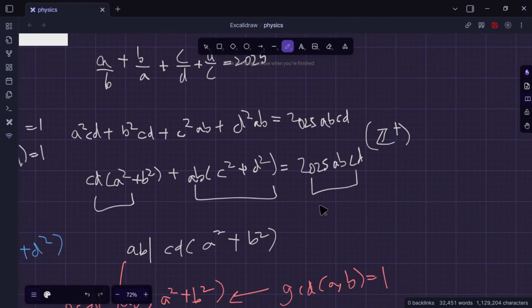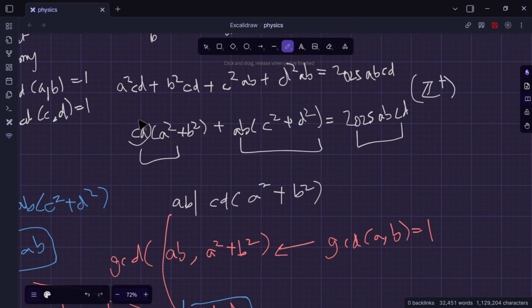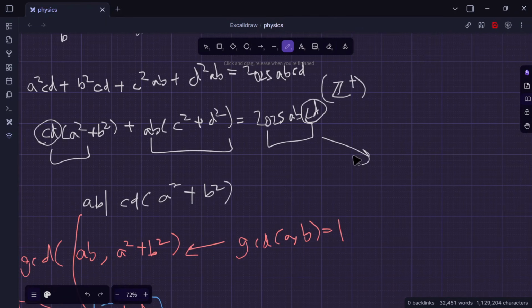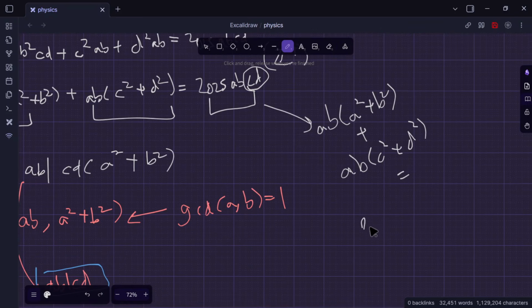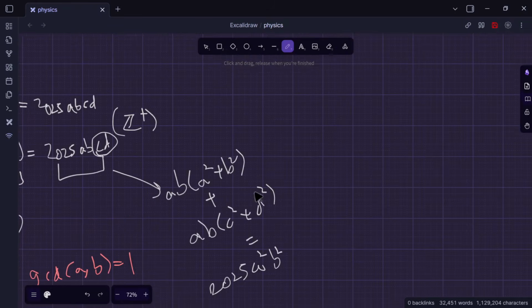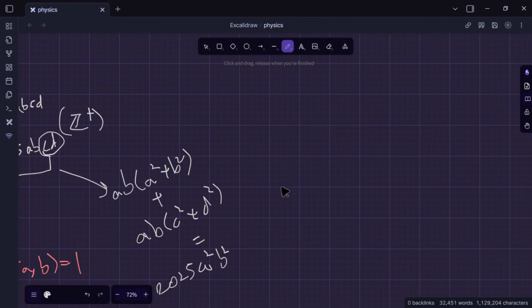Why is it very, very good? Because now I can just plug in AB is equal to CD over here and over here, and what I get is AB times (A squared plus B squared) plus AB times (C squared plus D squared) is equal to 2025 A squared B squared. And I can cancel off the ABs, which is wonderful.